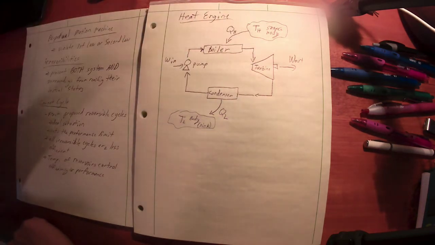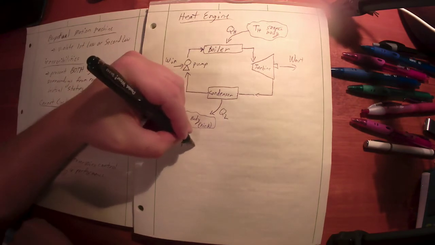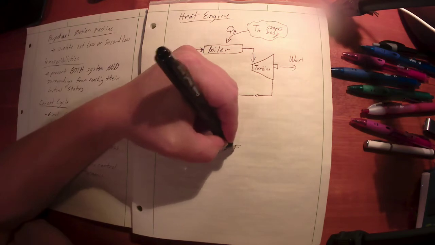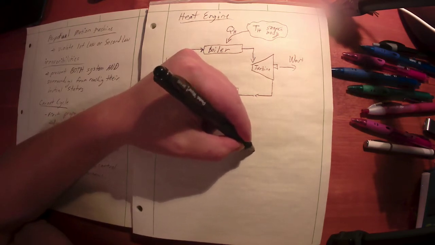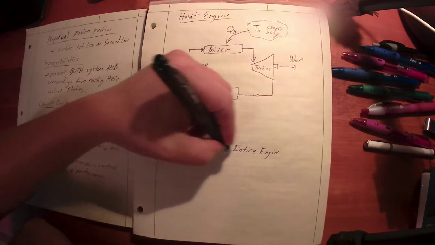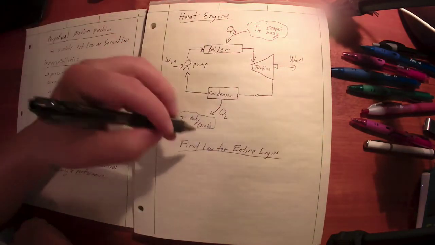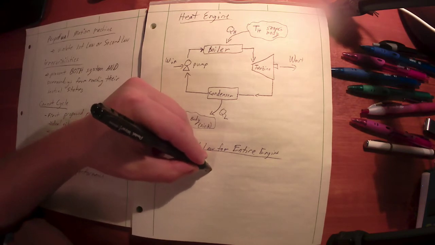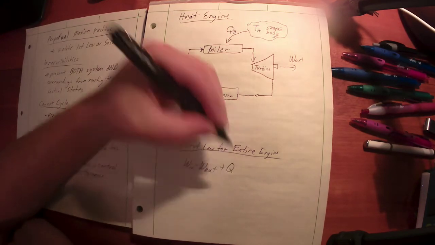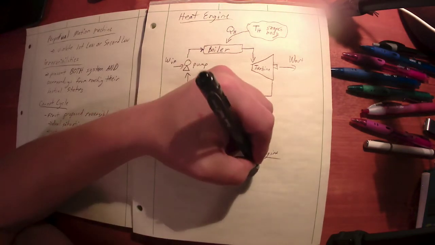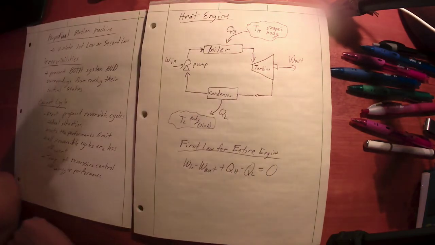Okay, so again, if we look at the first law for the entire engine, it's a closed cyclic system, meaning that the work in minus the work out plus the heat in, which we'll call QH, minus the heat out, which we'll call QL, and because it's a cycle, that's equal to 0.